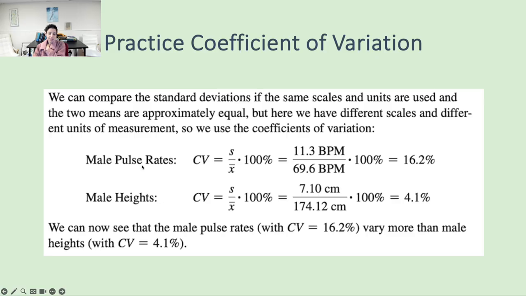So we can see that in this group of 153 men, there was a lot more variation in their pulse rates compared to their heights. 16.2% coefficient of variation for the pulse and only 4.1% in the height. So that helps us compare the variation.